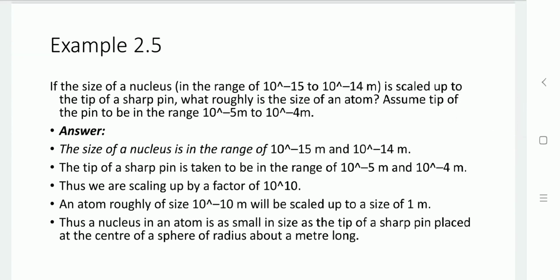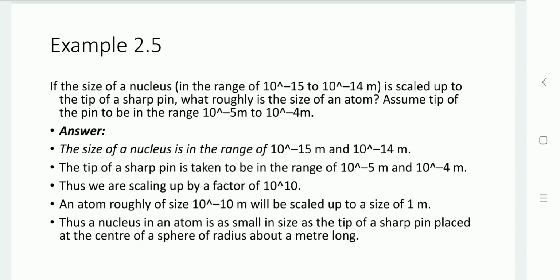Now let us take an example regarding this. If the size of a nucleus, which is in the range of 10 raised to minus 15 to 10 raised to minus 14 meter, is scaled up to the tip of a sharp pin, what roughly is the size of an atom? Assume the tip of the pin to be in the range of 10 raised to minus 5 meter to 10 raised to minus 4 meter.